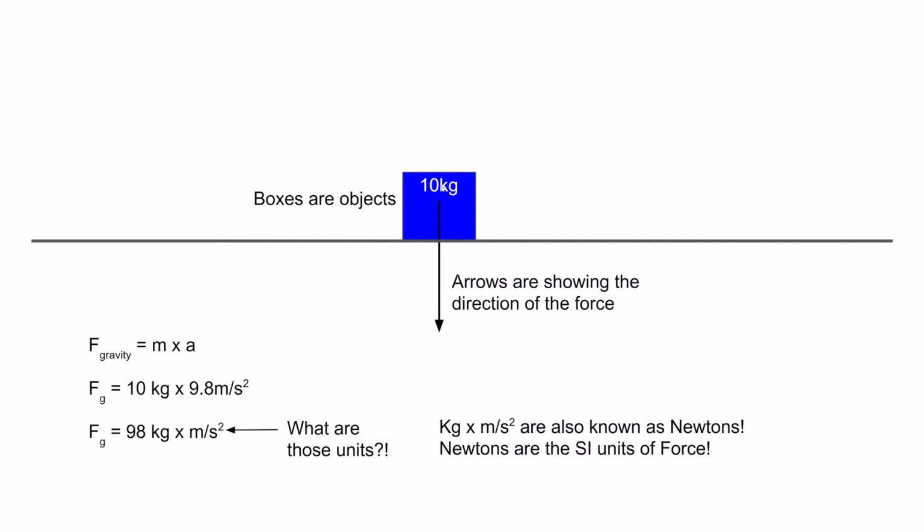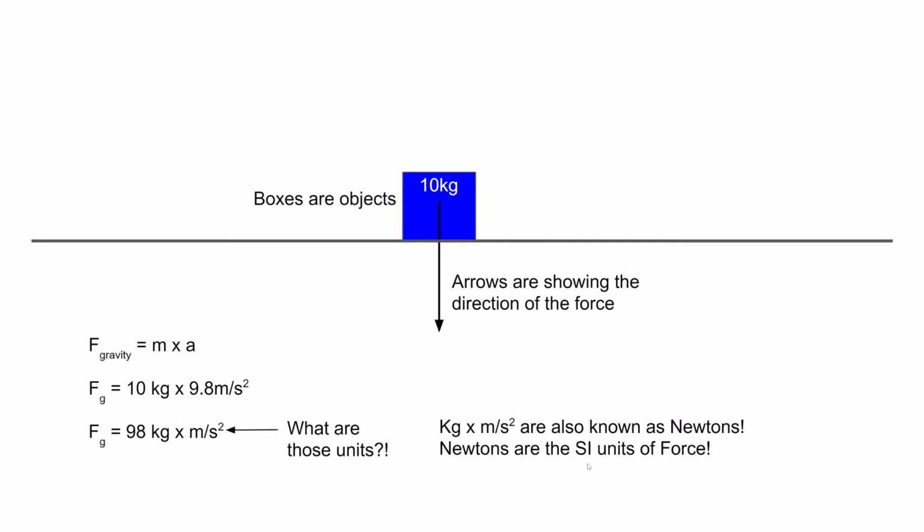Okay, so if we have a 10 kilogram box, that's our mass, and we multiply it by the acceleration due to gravity, which is 9.8 meters per second squared, we get the force of gravity equals 98 kilograms times meters per second squared. Okay, this is a big mouthful for units. There's another name for this unit, and we can write it simpler. These kilogram meters per second squared are also known as newtons. So the newton is the SI unit for force.